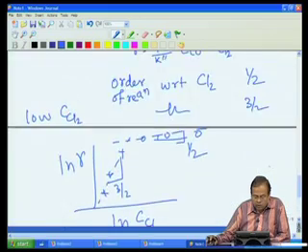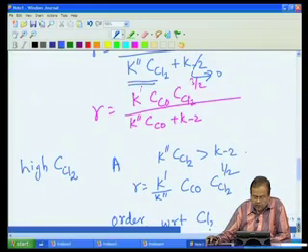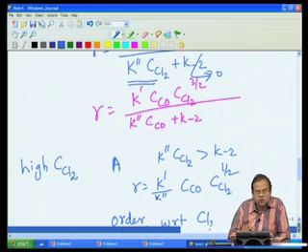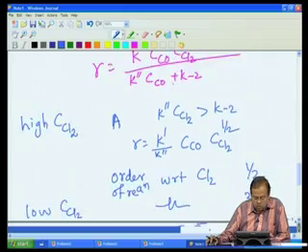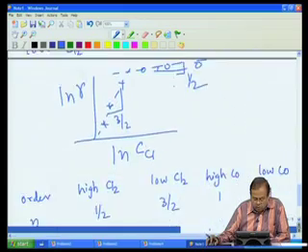But if we use the same logic, with respect to chlorine the order is always 3 by 2, and with respect to high concentration of carbon monoxide the order is 0 now, because both these terms will cancel, this term is negligibly small, and with respect to low carbon monoxide the order is 1. So, what are we looking at?